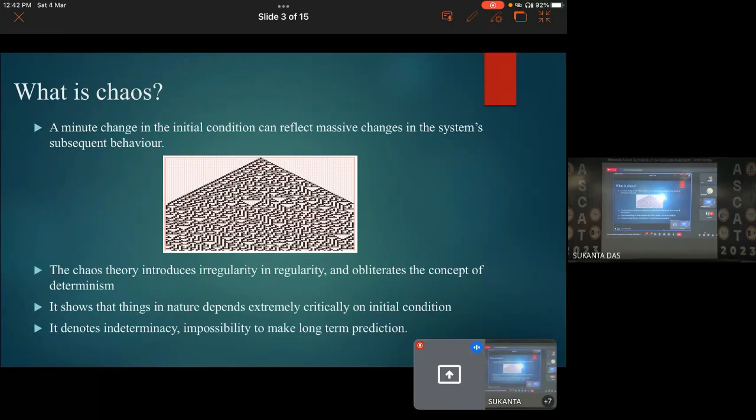Why? Because there was a stable system at first, and then irregularity is introduced, which obliterates the concept of determinism. It shows that things in nature depend extremely critically on initial conditions. That is, whether the system is sensitive to the initial condition or not is determined by this chaotic behavior, and it denotes indeterminacy, the impossibility of making long term predictions.